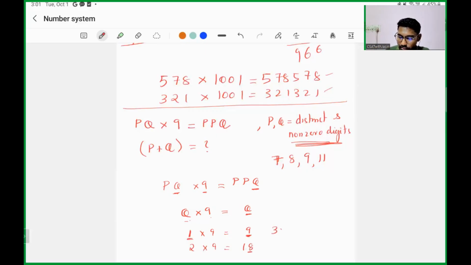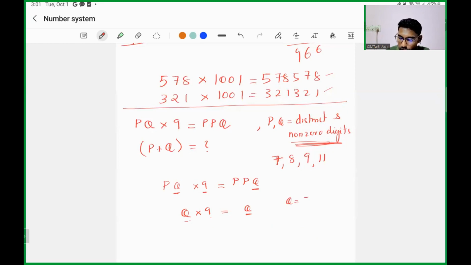If you are putting 3, 3 into 9 is 27, ending in 7. 4 into 9 is 36, ending in 6, not 4. So this will not come. So what will be Q, which satisfies this one?